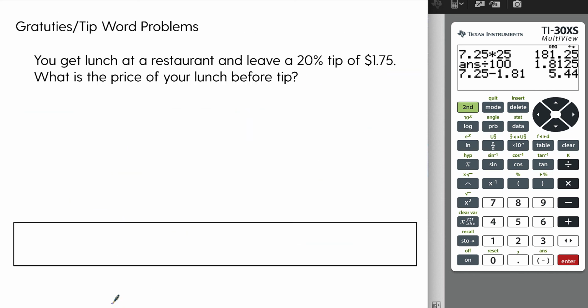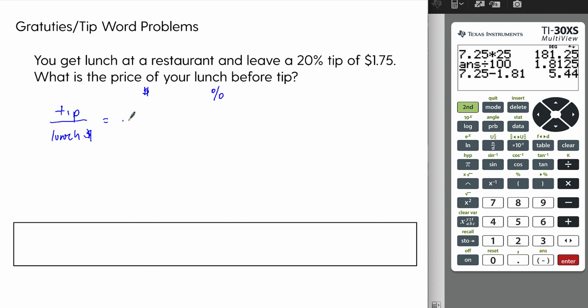So this is a gratuity or a tip problem. You get lunch at a restaurant and leave a 20% tip of $1.75. What is the price of your lunch before tip? Okay, so what we've got is the tip over just the lunch price. And what we'll do is we're going to compare money.